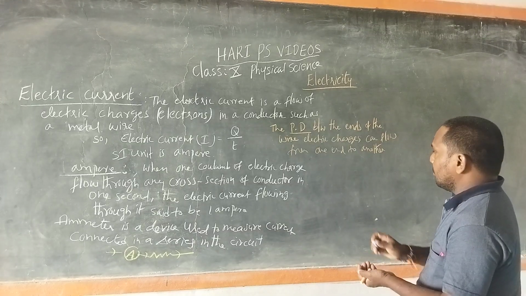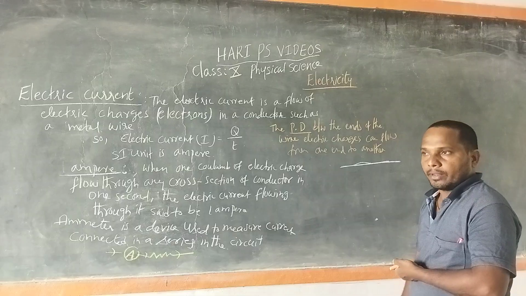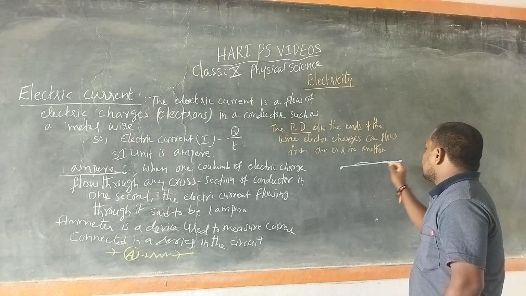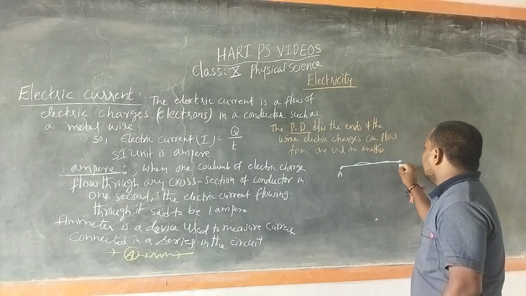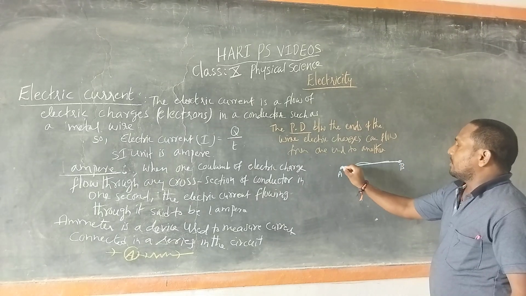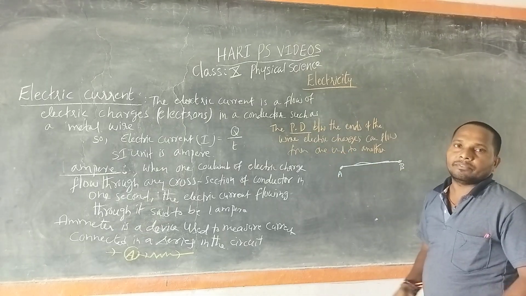For example, if it is an electric wire or metallic wire, let us consider A and B. Between the A and B ends there is some potential difference.